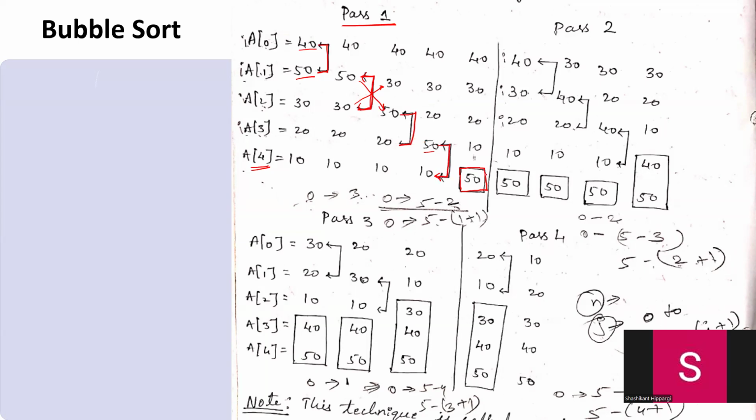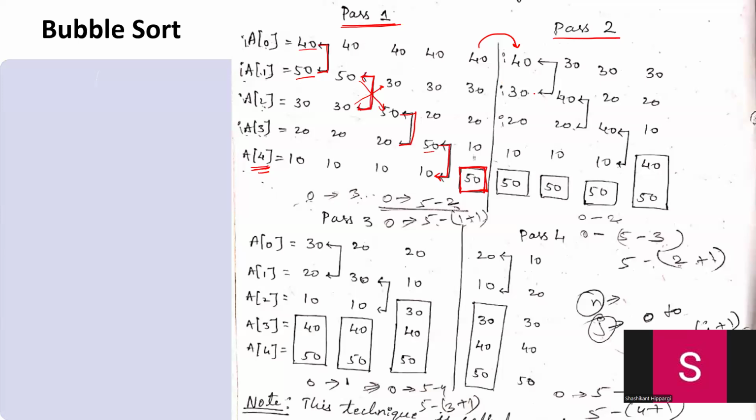At the end of this pass, the largest element is placed at the last position. Whatever output we have at the end of pass one will be the input to pass two.